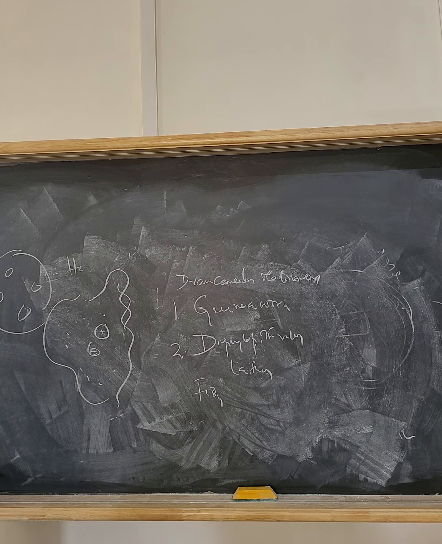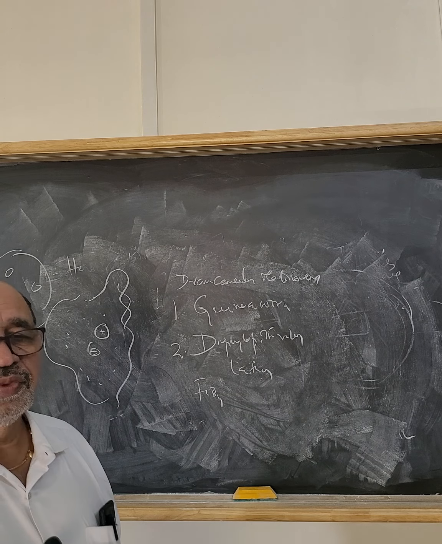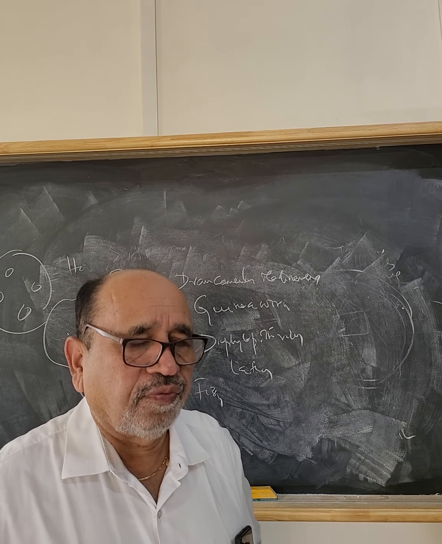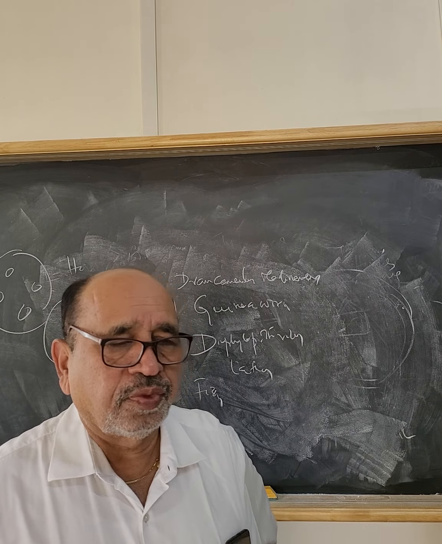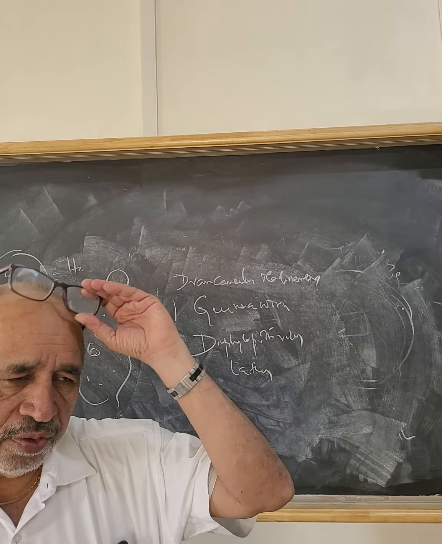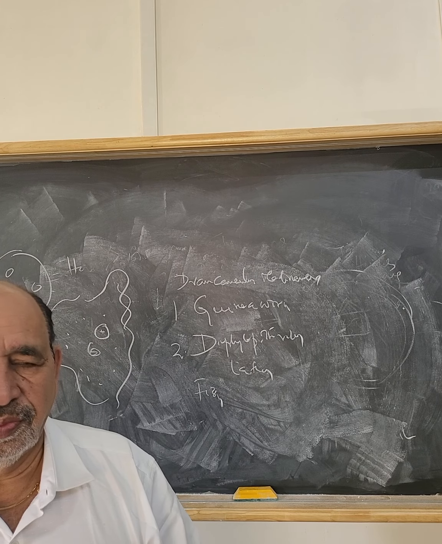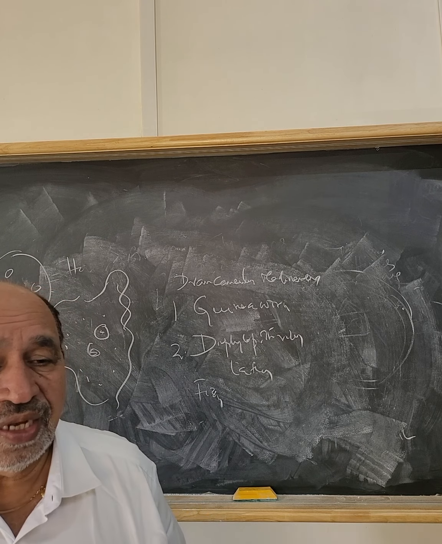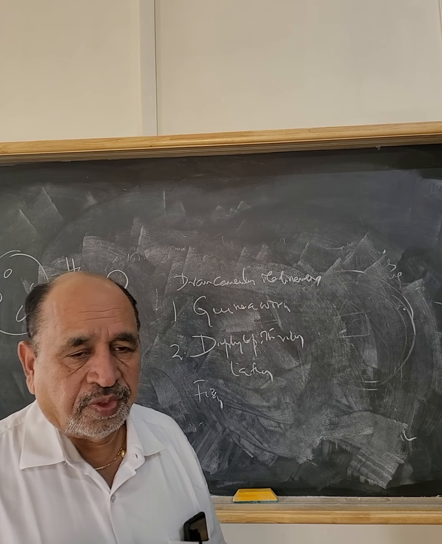Life cycle, repeat with me. Man gets infected by consumption of food and water containing quadrinucleate cysts, which are unaffected by the hydrochloric acid of the stomach.